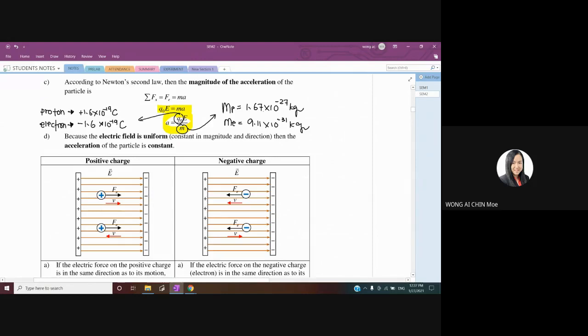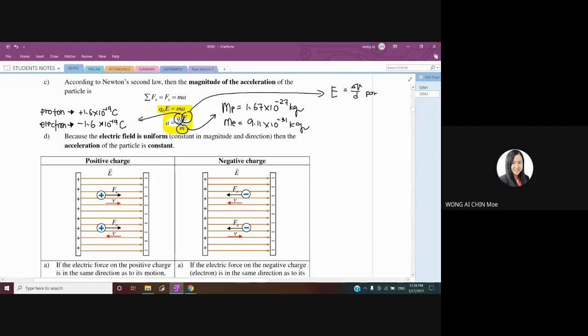Of course your E, still remember we have two equations for E. For a parallel plate, we must write E equals delta V over d.